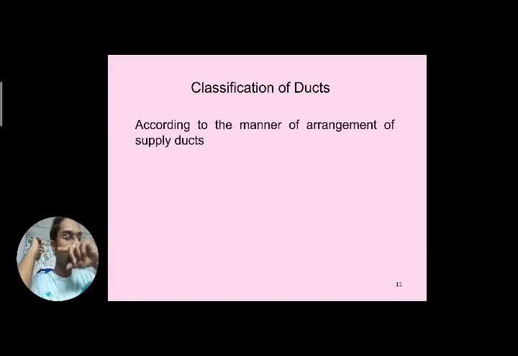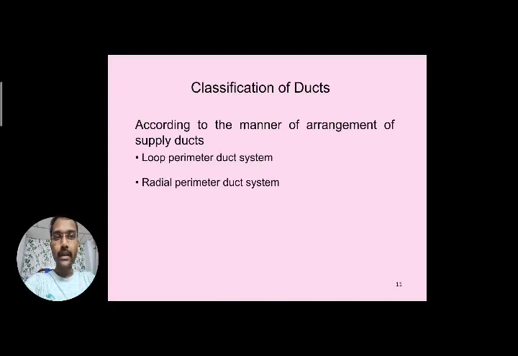This is an important factor, the arrangement of the supply ducts. We can explain this with a neat line diagram. You can see the arrangements of these ducts. The first one is the loop perimeter duct system, radial perimeter duct system, extended plenum duct system. You can see the arrangement of that.